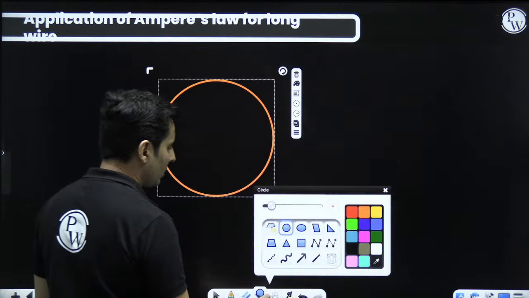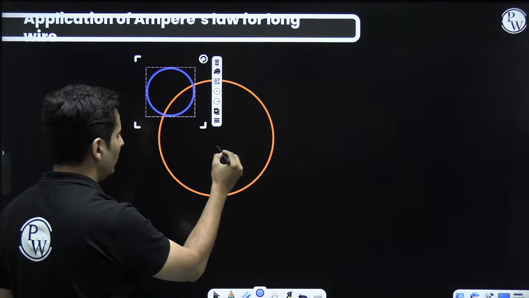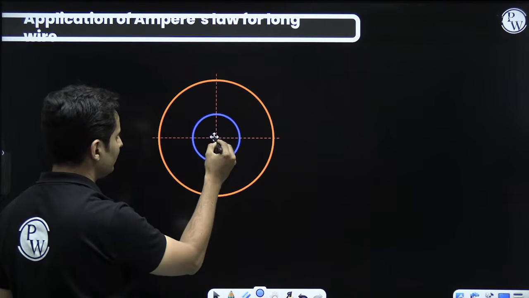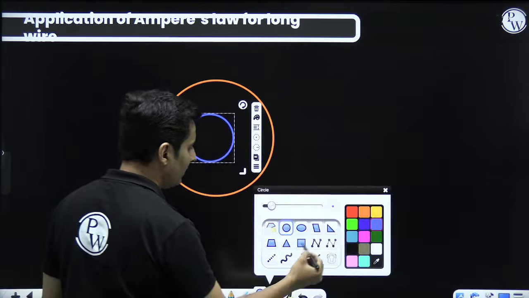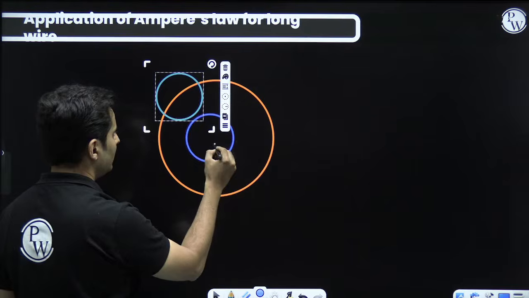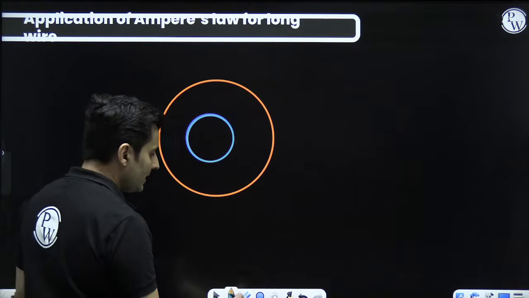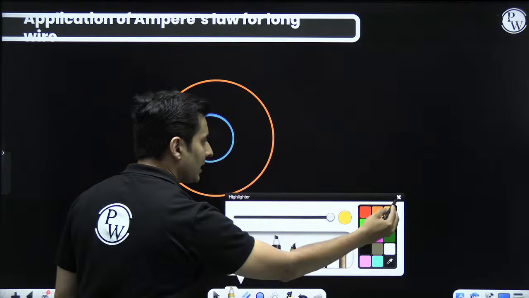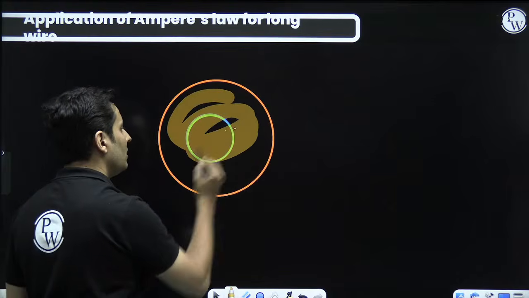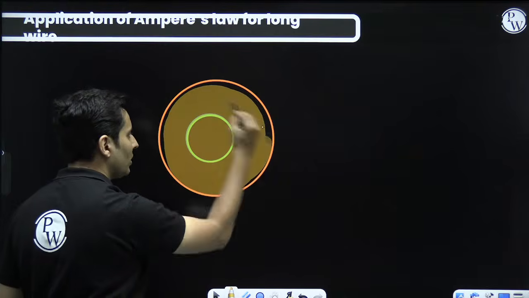See, this is that cross section, or this is that Amperian loop or whatever I have taken over here. This was the magnetic field, and this is the exact same Amperian loop. See, the current was distributed throughout that cross section.